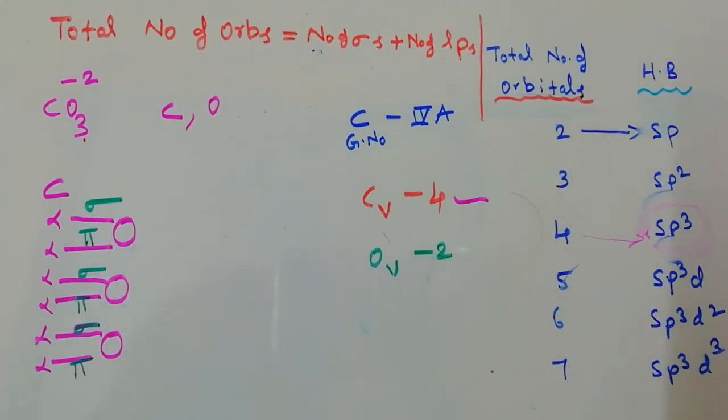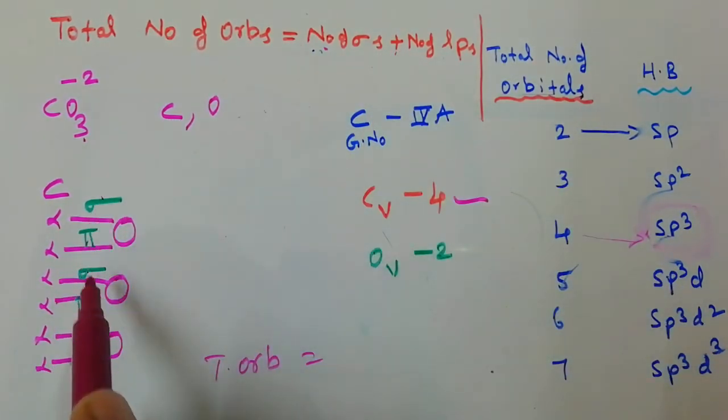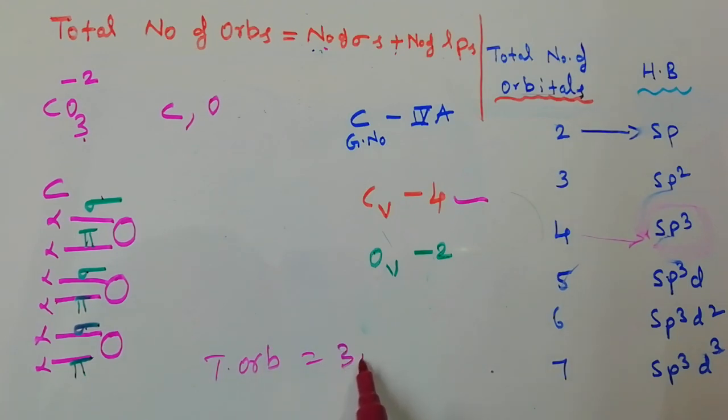But in our formula, we have only the number of sigma bonds. Total number of orbitals is equal to the number of sigma bonds plus lone pairs. This is 1 sigma, 1 sigma, 1 sigma. Total 3 sigmas are there. Is there any extra lone pairs? There are no lone pairs, hence 0 lone pairs. Total is 3 plus 0, that is 3.